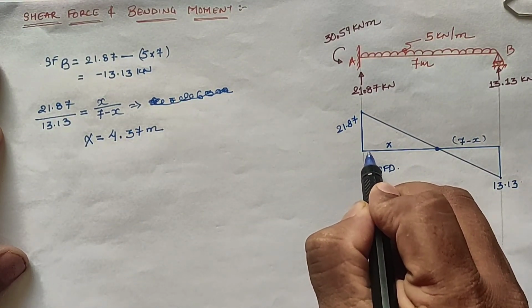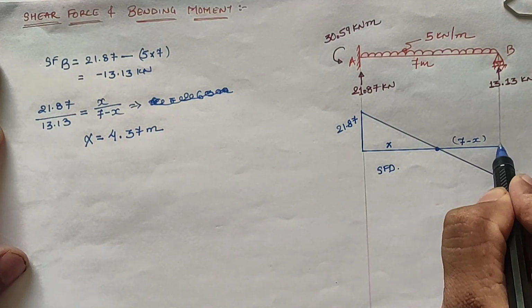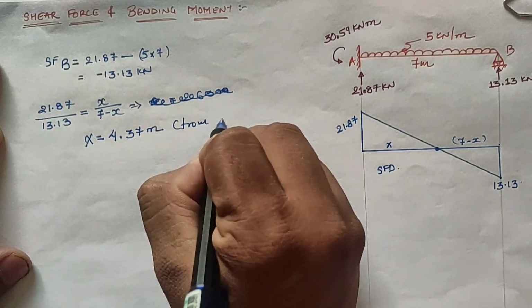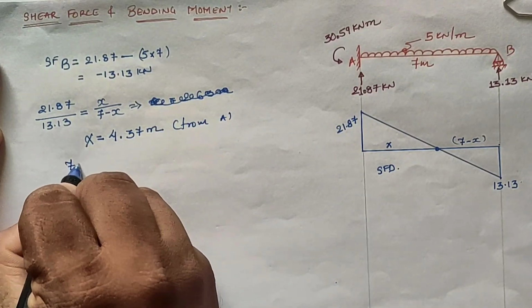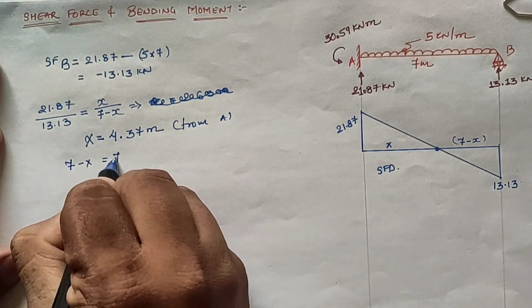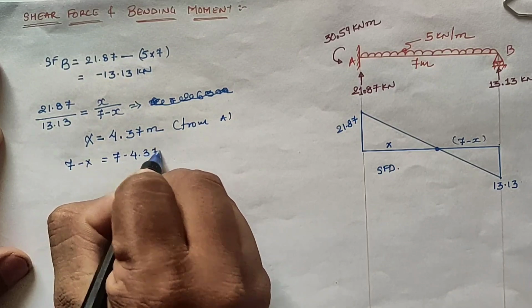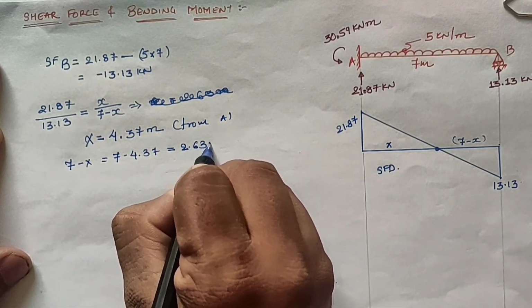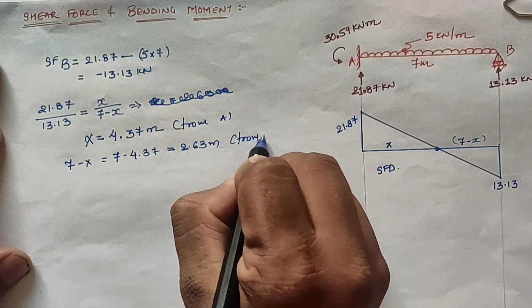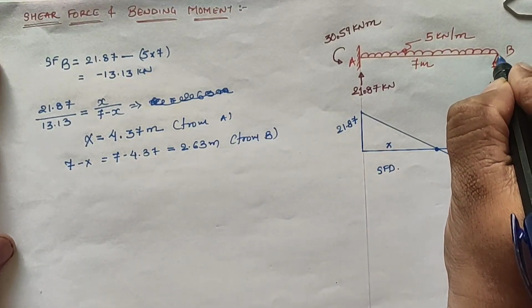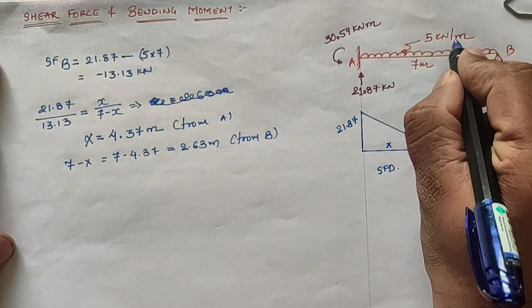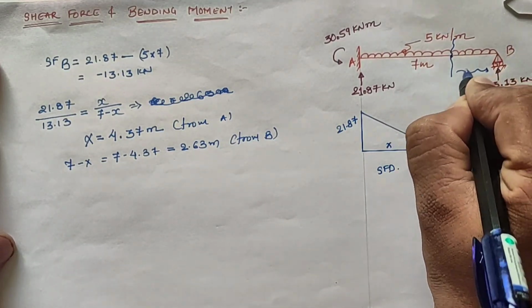If we calculate the distance from support B, it is 7 minus x, which is equal to 7 minus 4.37, as 2.63 meter from B.